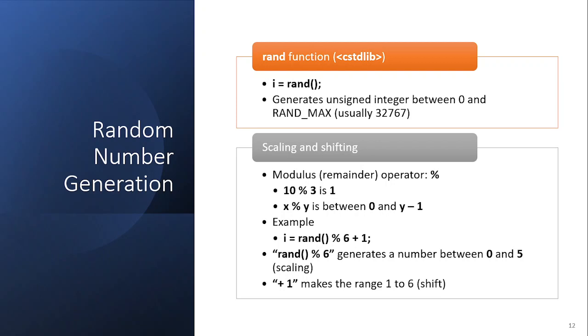If you divide 9 by 3, it is completely divisible, so the remainder is 0. If you divide 10 by 3, the remainder is 1. If you divide 11 by 3, the remainder is 2. Then 12 comes, which is completely divisible by 3, so the remainder is 0 again. So in general, if you divide x by y, the remainder is going to be between 0 and y minus 1. So this allows you to scale the output of this rand function.